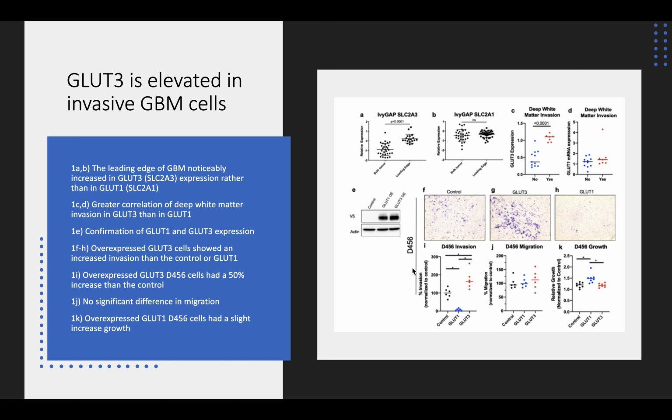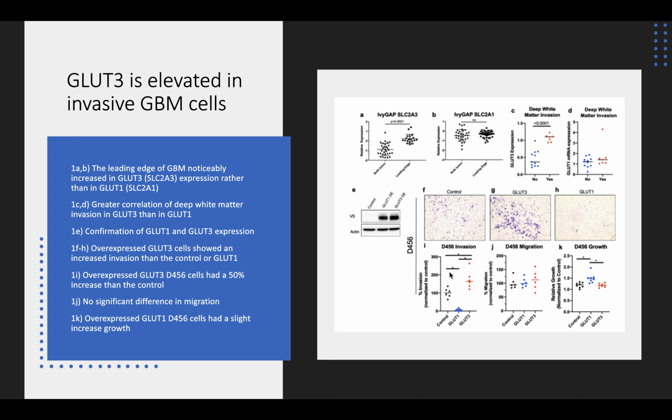And this is as it relates to D456 and the overexpression of GLUT3 and GLUT1 and the control. And for F through H, we see that the overexpressed GLUT3 cells showed an increased invasion over both the control and GLUT1.